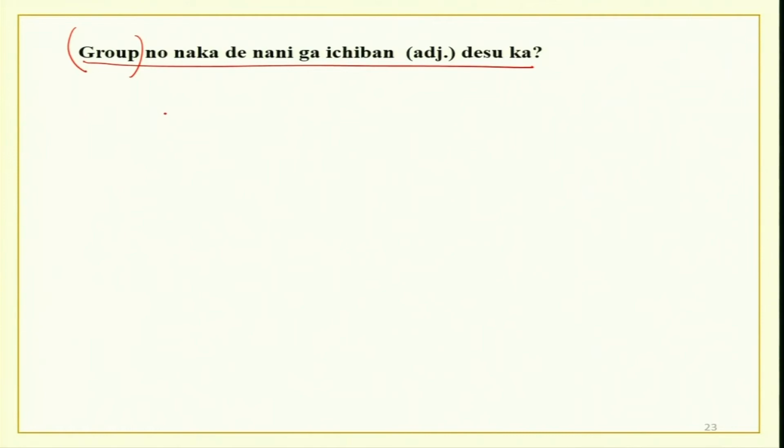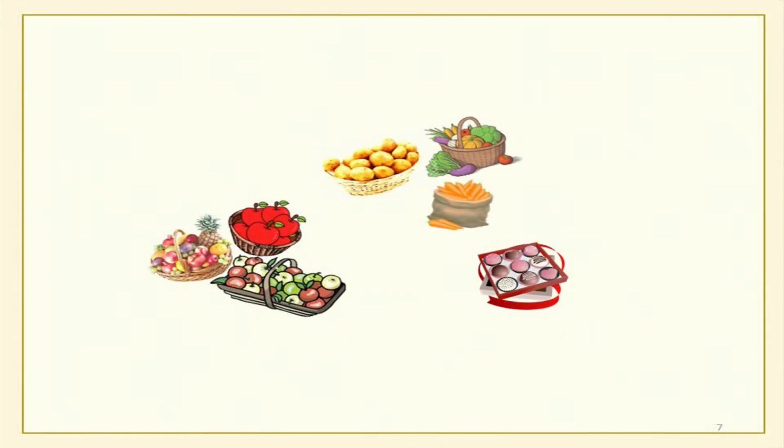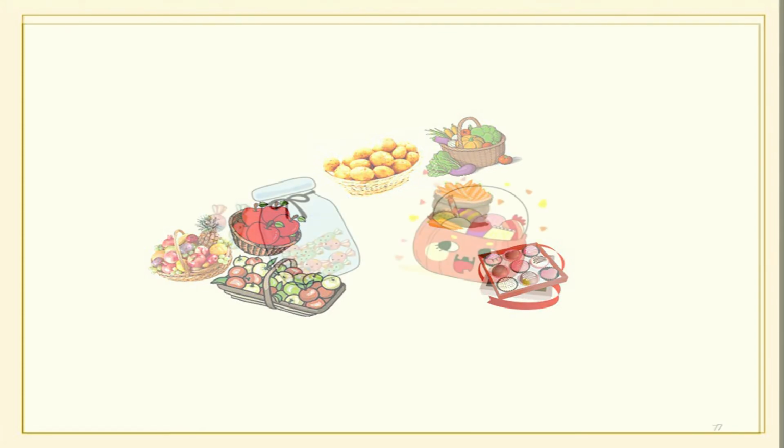But if we choose maybe from a basket or from a box or from something that is lying on the table, maybe there are a lot of fruits lying on the table, then what are we going to say? Well, in such cases, because a certain number is being mentioned, if you have something in a basket or in a box or on the table, say a lot of fruits, a lot of vegetables on a table, maybe a lot of candies in a box.